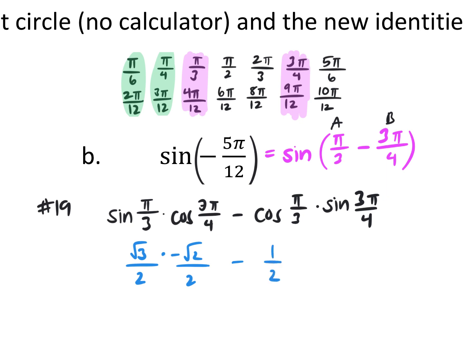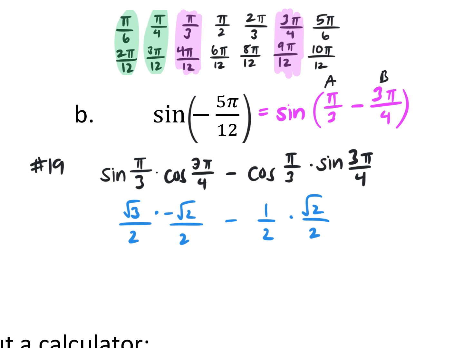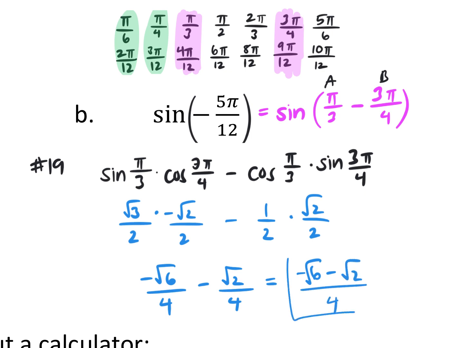And then sine of 3 pi over 4: square root of 2 over 2. Evaluate this. This is going to give me negative square root of 6 over 4 minus the square root of 2 over 4, which I can write as one fraction: negative square root of 6, minus the square root of 2, all over 4.